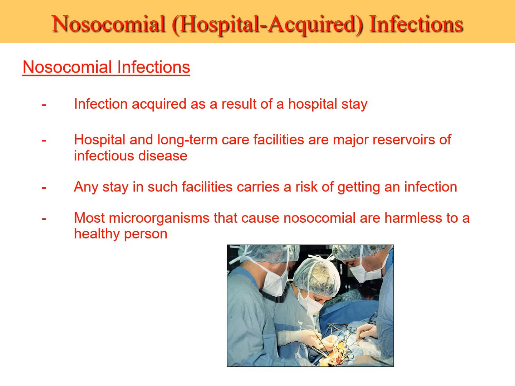All right, let's talk about something closer to home and particularly relevant to you, which are nosocomial infections, which are extremely common and really a large problem. These are hospital-acquired infections, all of which could be preventable.